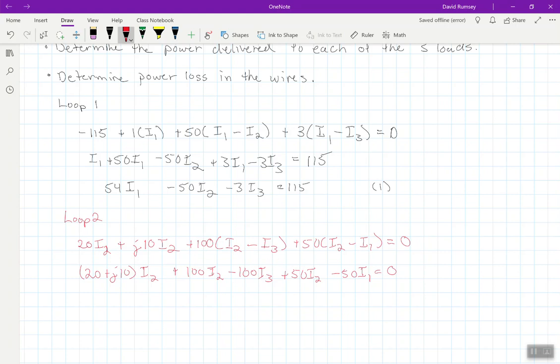So I have 100 plus 50 plus 20, which is going to be 170. But let's write the I1 first. So I have minus 50 I1 plus (170 plus j10) I2 minus 100 I3 equals 0. And so this would be my equation 2.